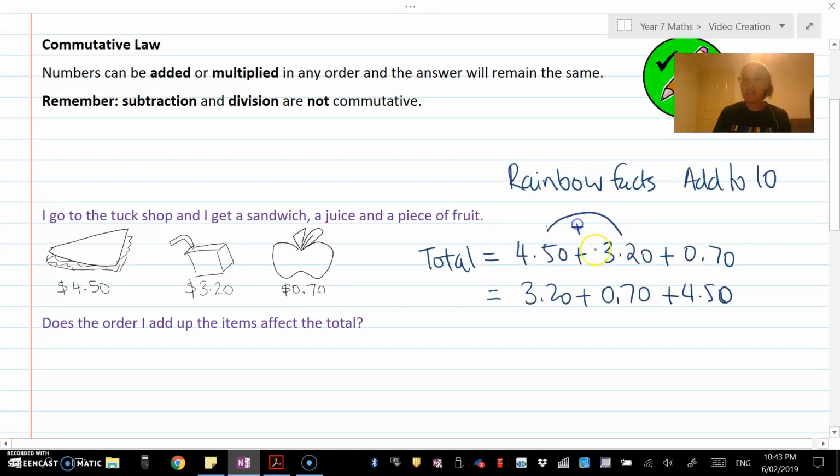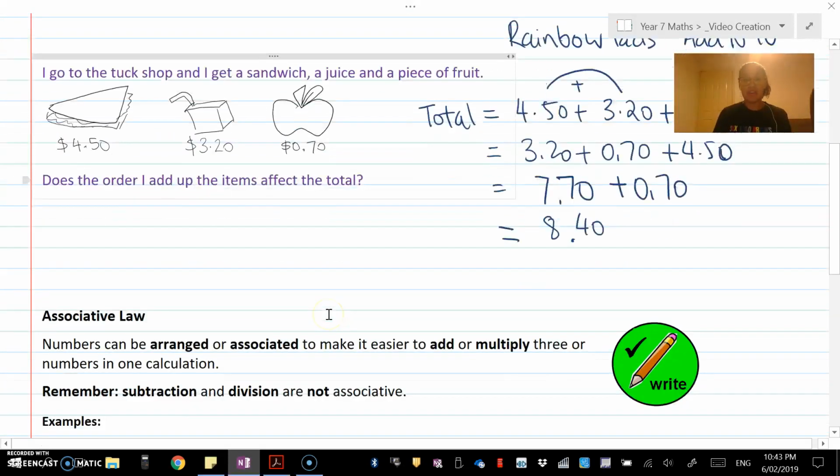So I would add those, because you've got the 70 and the 20 and the 50, and that's going to give us 70 cents there, plus the 4 and 3 gives us $7.70 plus 0.7, and I know that 7 plus 7 is double 7 is 14, so that's going to be 40 cents, plus the extra dollar gives us $8.40. So I've just talked through a mental strategy there. It is really up to you how you do that. That's the best thing about the commutative law. It doesn't matter which order you do them.